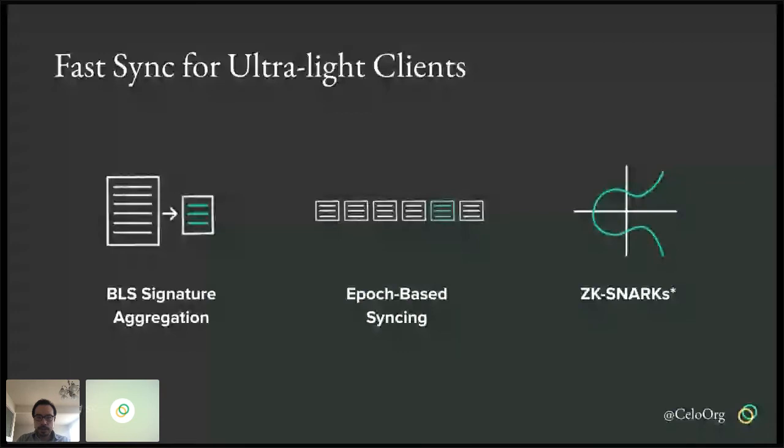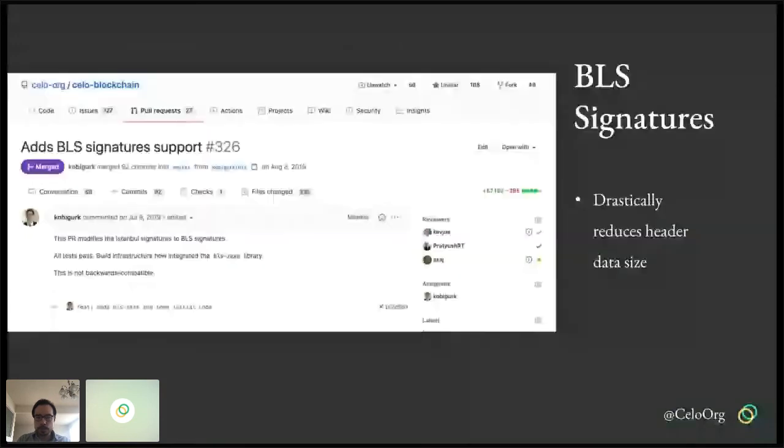All right, so I'm going to delve a bit into the implementation details of the BLS aggregated signatures. As I mentioned, BLS signatures allow for aggregation of signatures, and what that means is that it will allow many signatures that are signed by different private keys to be combined into just one.